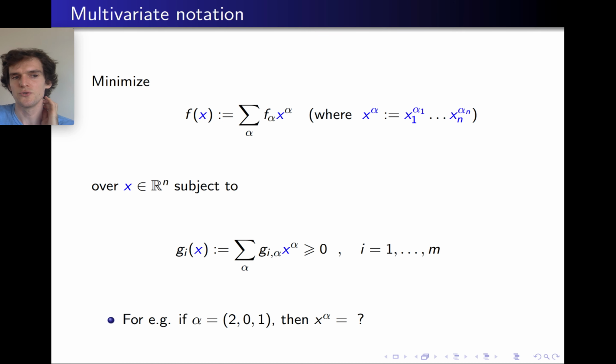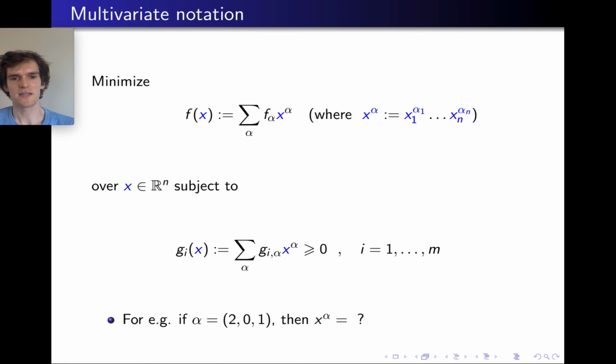Okay, so let's introduce some multivariate notation now. We're going to illustrate what I just talked about on an example. We're going to do essentially the full-blown moment sum of squares hierarchy and see what it looks like.